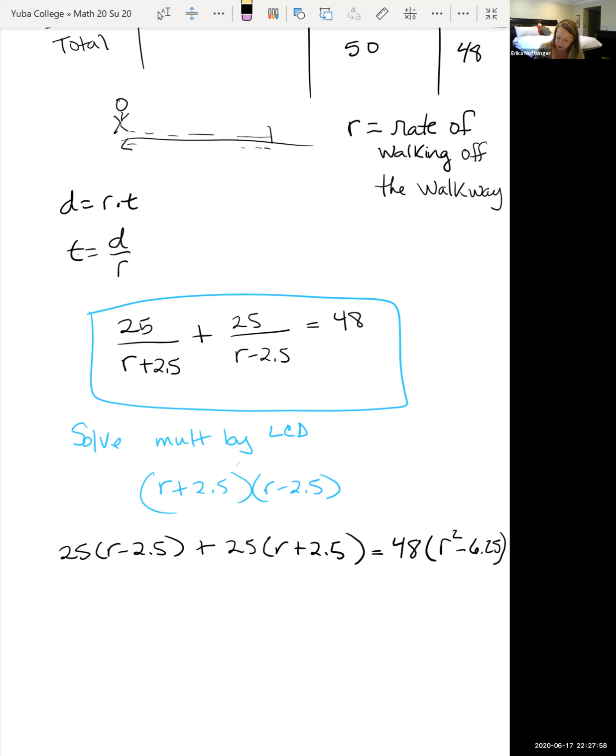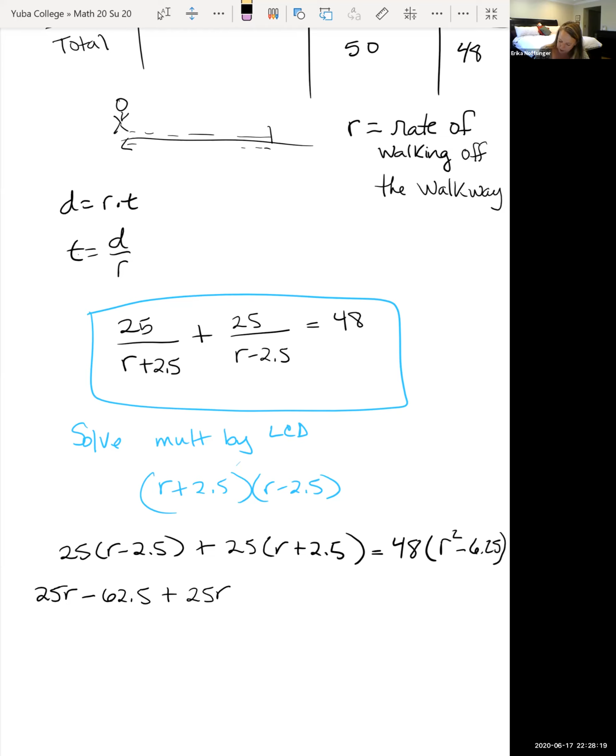So let's distribute our 25. We have 25 times r is 25r. 25 times 2.5 is 62.5, so minus 62.5, plus 25 times r is 25r.